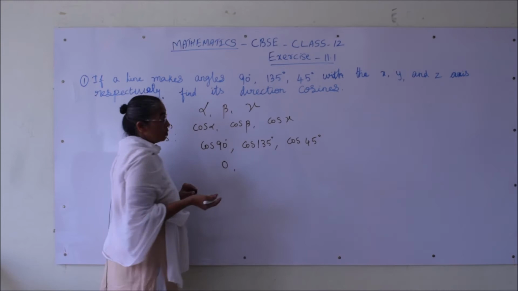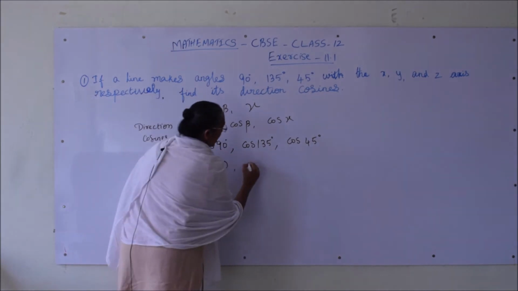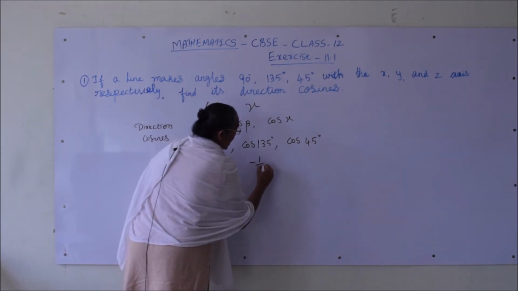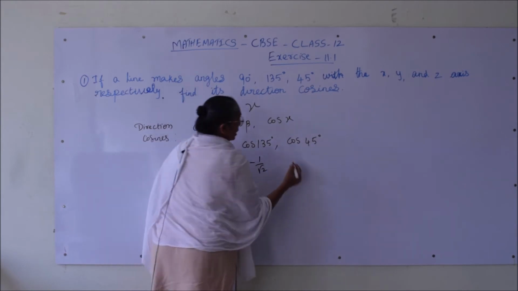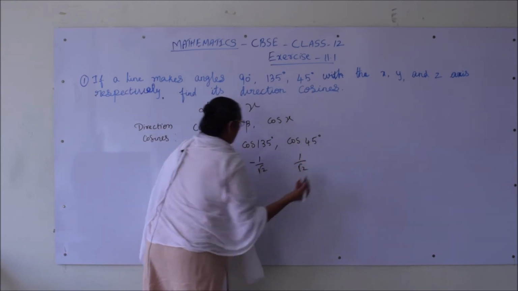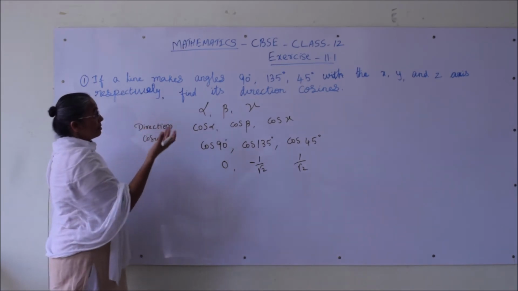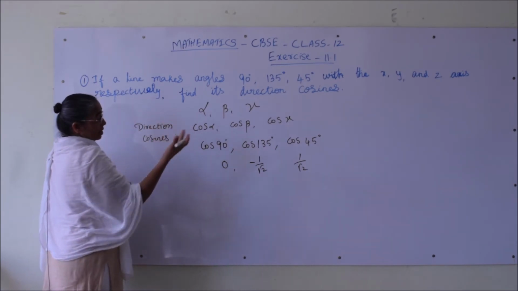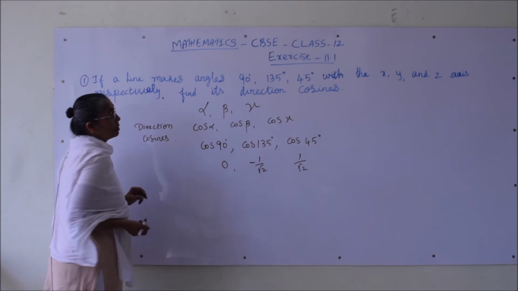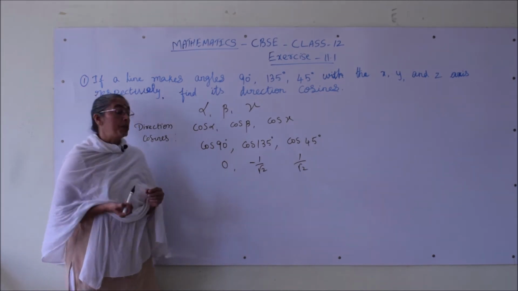So, minus cos 45. Cos 45 value is 1 by root 2, so it is negative of 1 over root 2, and cos 45 is 1 by root 2. So, the direction cosines of the line are 0, minus 1 by root 2 and plus 1 by root 2.